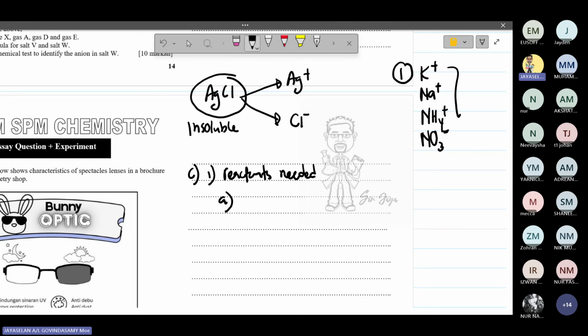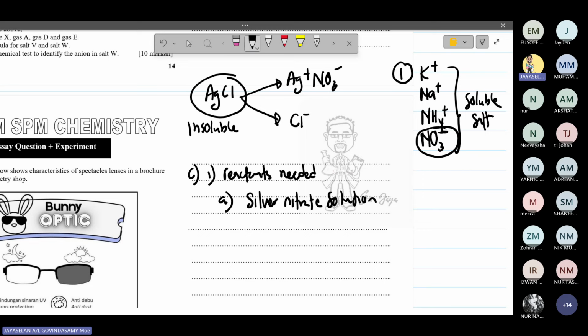If these ions exist, the salt is called what salt? Soluble salt. Understand? Soluble salt. Any question so far? Have you memorized it? This we have learned. Take this ion, put it here. That means you already prepared one soluble salt. The first reactant needed is what? Silver nitrate solution.